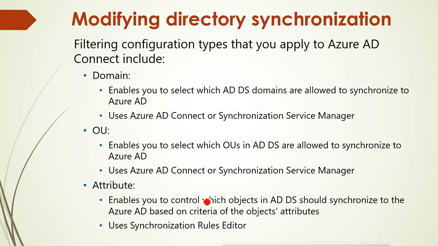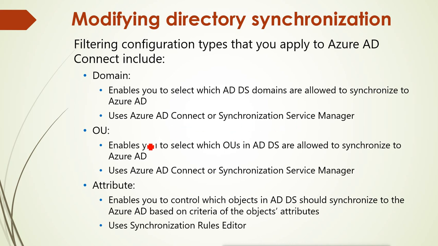Then modifying directory synchronization. The filtering configuration types that you apply to Azure AD Connect include domain, OU and attributes. Domain enables you to select which ADDS domains are allowed to synchronize with Azure AD. If you have multiple domains in the forest, then use Azure AD Connect or the Synchronization Service Manager.